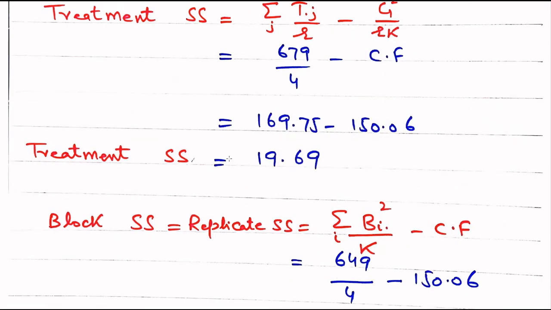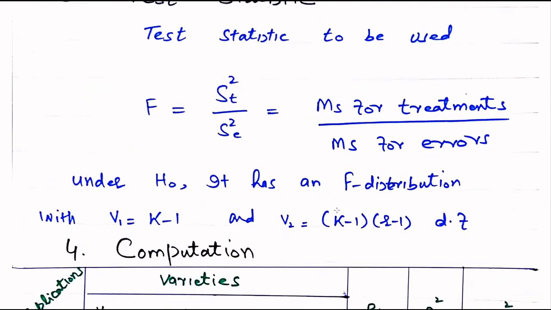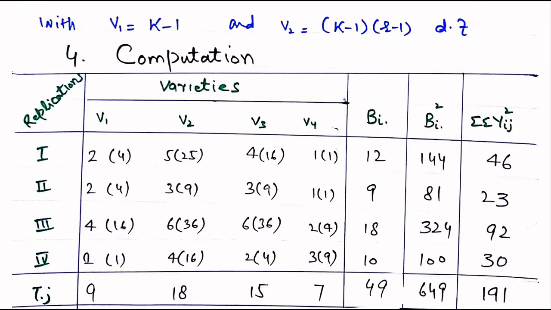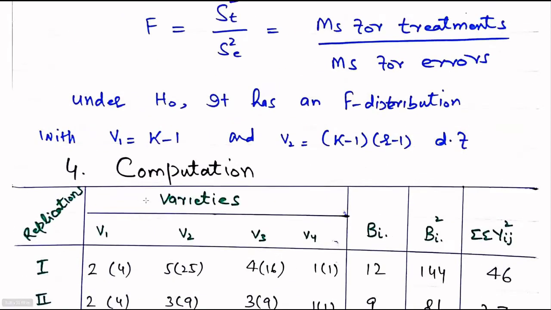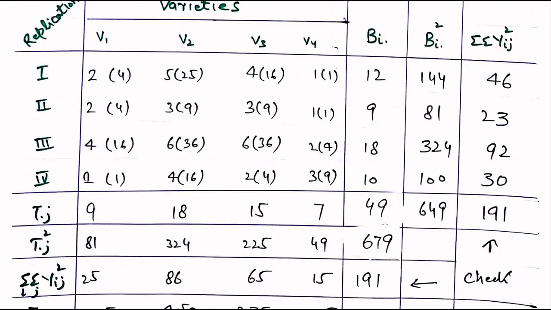But we also have the formula for error: k minus 1 times r minus 1. K is 1, 2, 3, 4, 4 treatments, 4 minus 1, 3. Replication is 1, 2, 3, 4, 4 minus 1, 3. 3 multiplied by 3 is 9. So k minus 1 and r minus 1 is also the formula for the error degree of freedom.